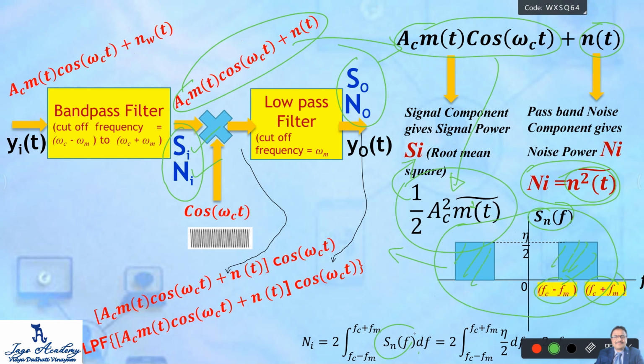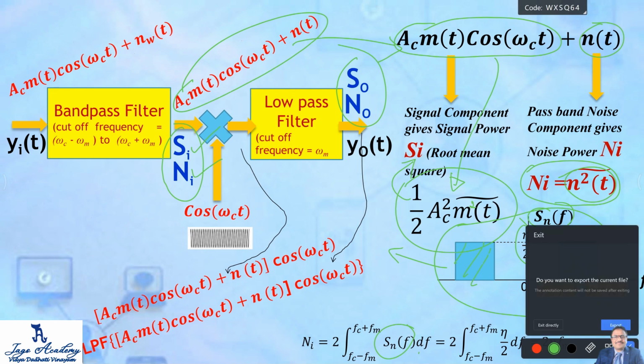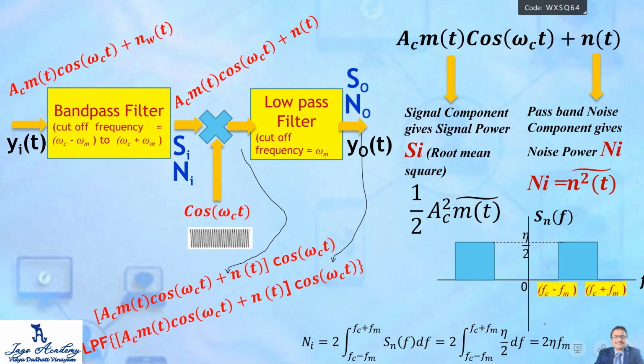Now, what is this actually? This is theta by 2. Now substitute that. What do you get? Root mean square value, 2 into theta into fm.